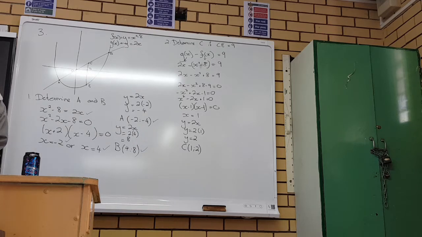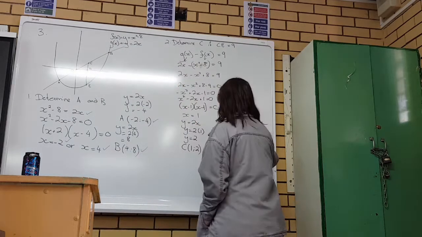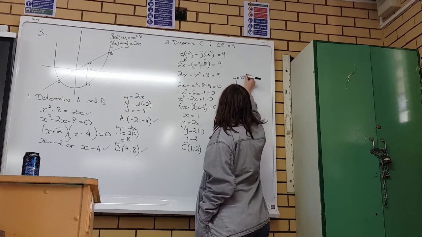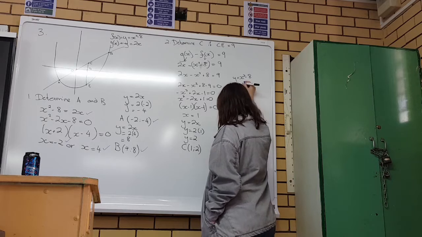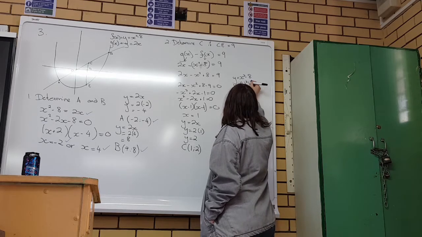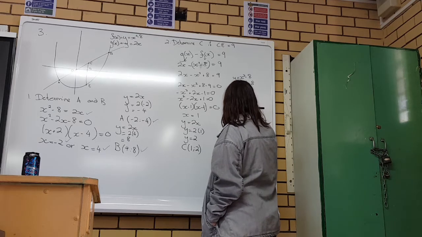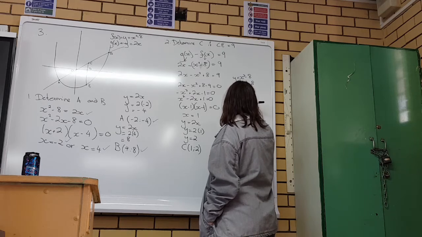Oh, and E. Okay, we'll quickly do E then. So I want the coordinates of E, so I plug in y is equal to x squared minus 8. I plug in 1: 1 squared minus 8, y is minus 7. Okay, so then my point E would be 1 and minus 7.